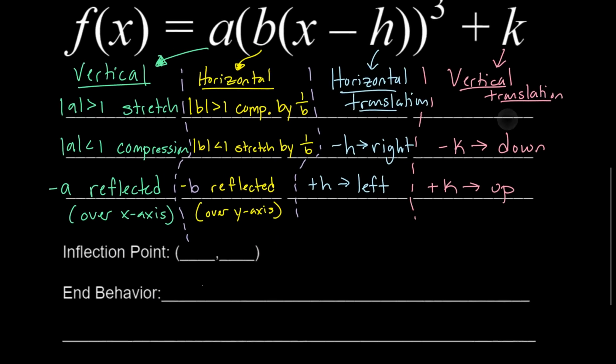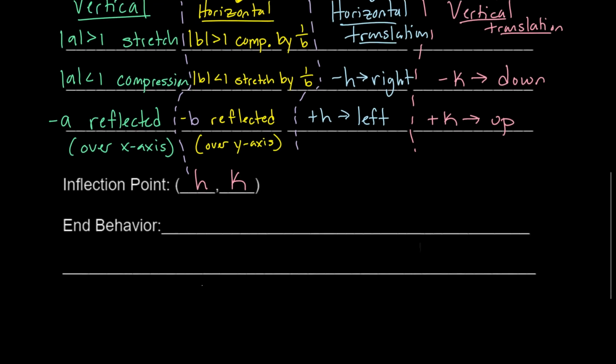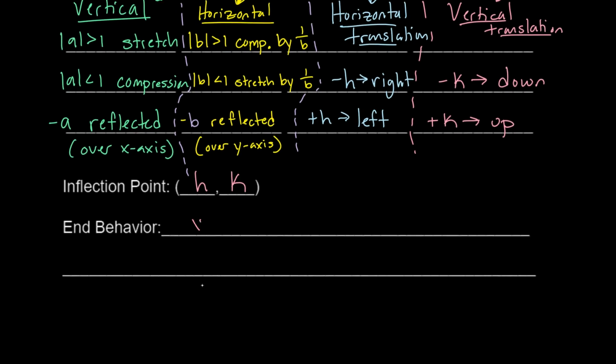And then where is our inflection point, in terms of A, B, H, and K? HK. Wonderful. And then end behavior is exactly what we just learned. It is determined by the what? Yes. Determined by the exponent. So if you've ever heard of an odd or even function, an odd or even equation, it's just referring to the exponent.